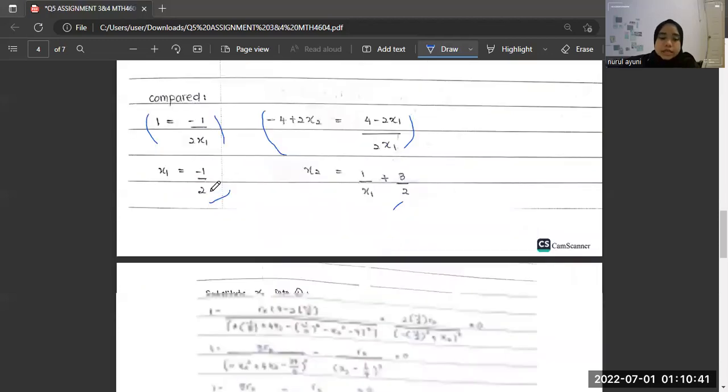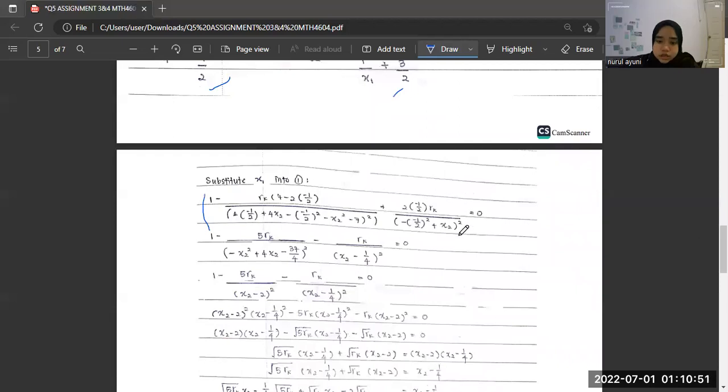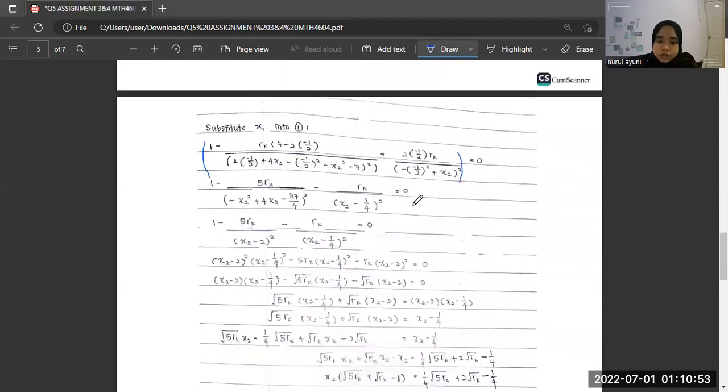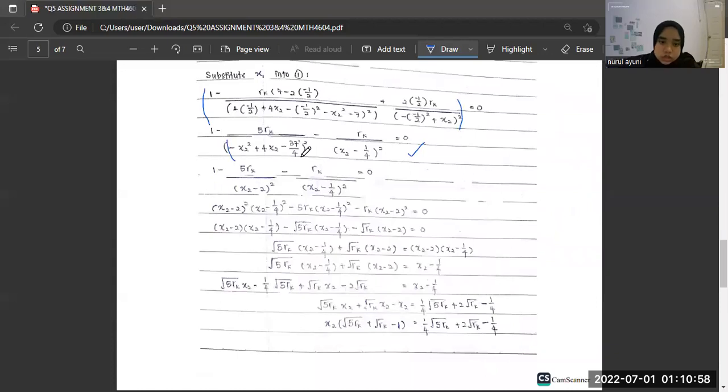Next, I substitute the value of x1 that we got before into equation number 1. So I get this, and I simplify the equation until I get this. From these equations, I solve and I get x2 equal to negative 2. I simplify the equations.